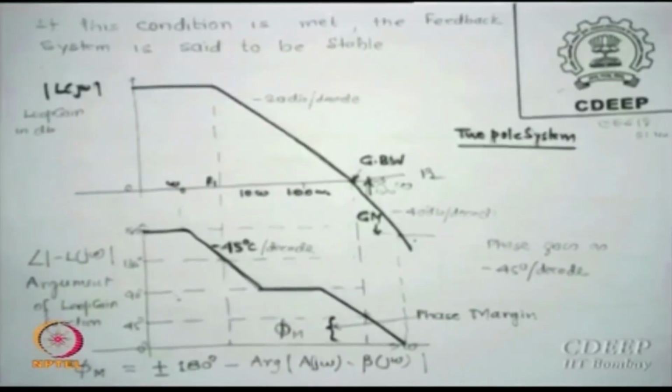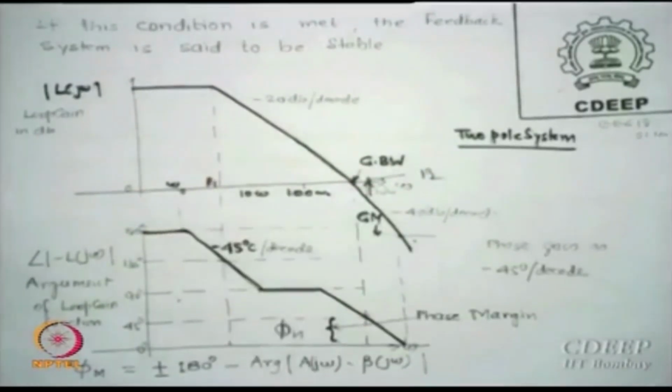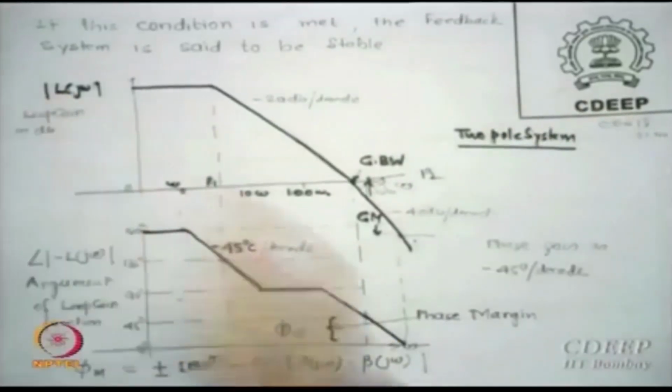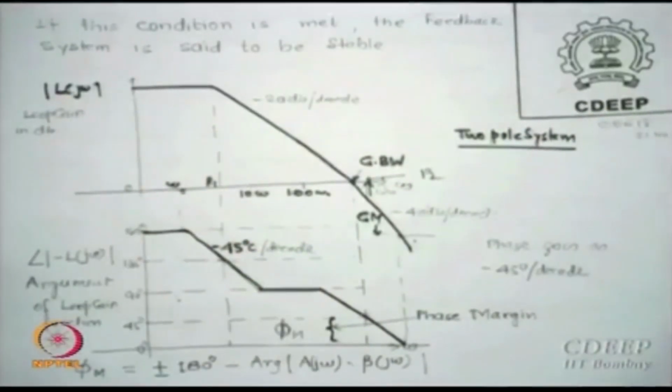So if the second pole occurs beyond the gain bandwidth point, it is always safer for you, but at minimum it should occur at the point itself, because the second pole should not start earlier than gain bandwidth, otherwise that 45 degrees is at risk.